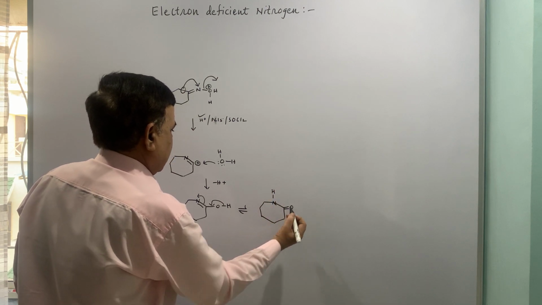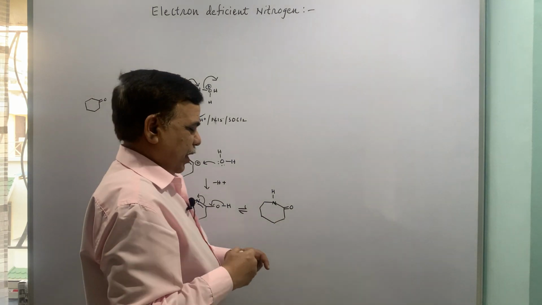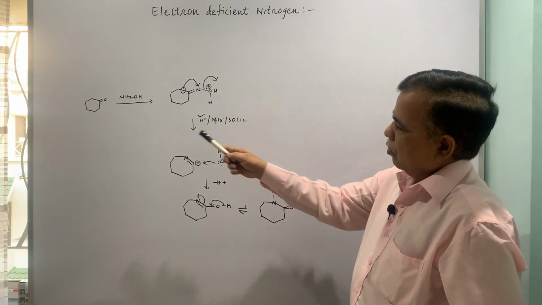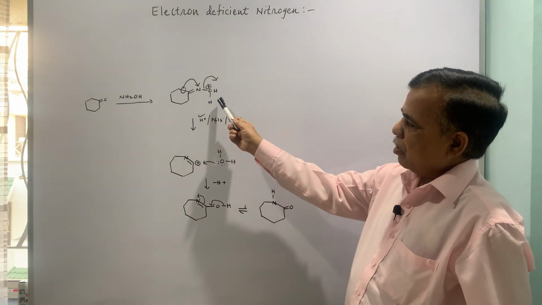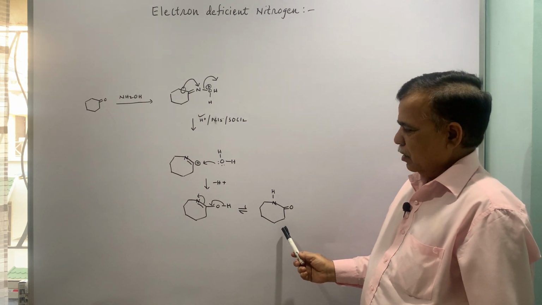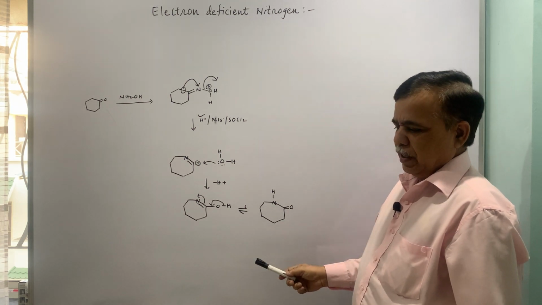The cyclic amide is lactam. So cyclohexanone oxime to this caprolactam is the Beckmann rearrangement.